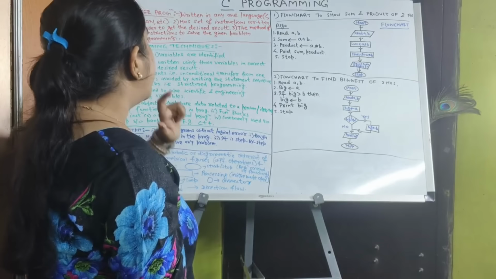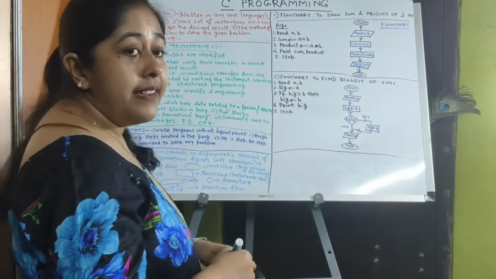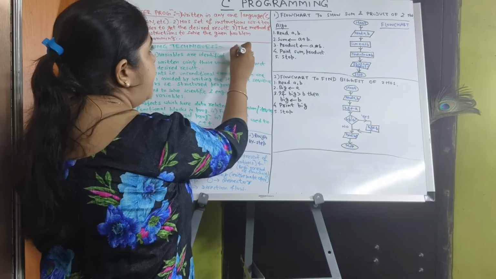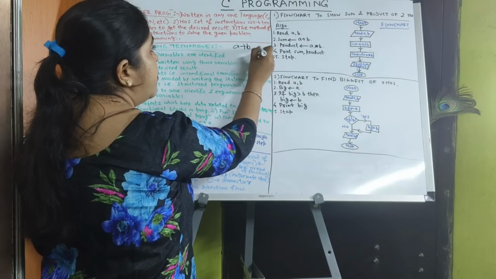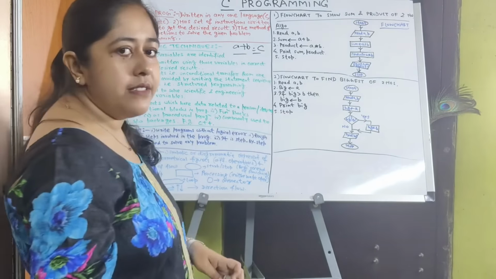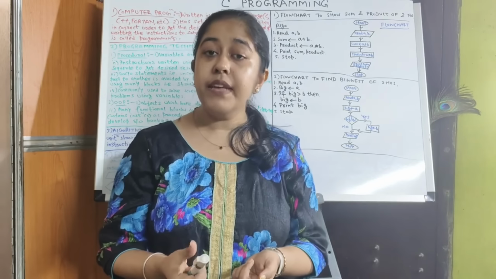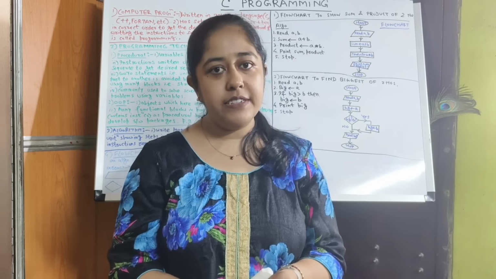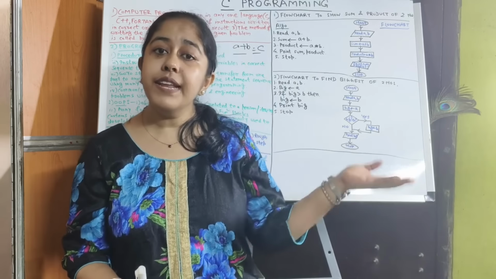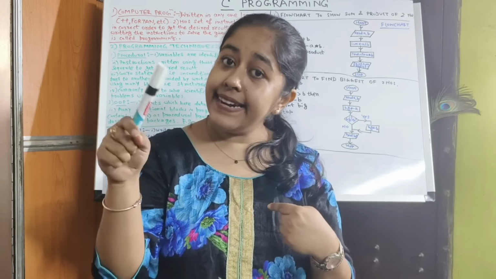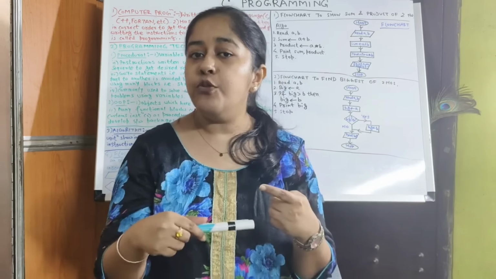So variables are identified. As I have already told you, if suppose I need a plus b, then some variables are needed here. In C programming or in procedural programming, some variables are needed to be identified. These variables will hold the values which you will provide at the time of getting the output.